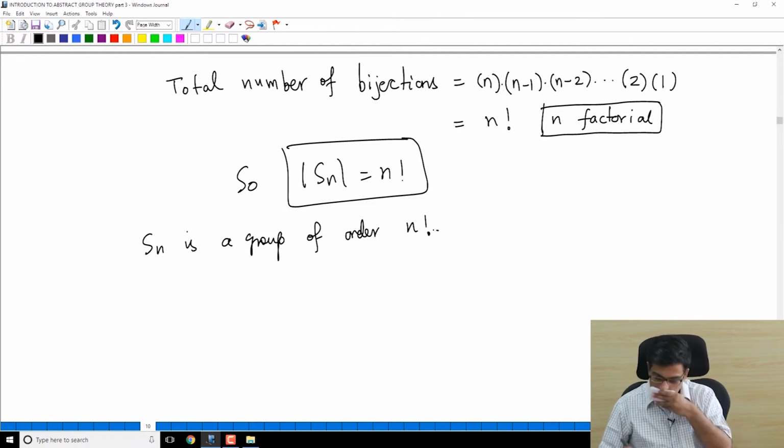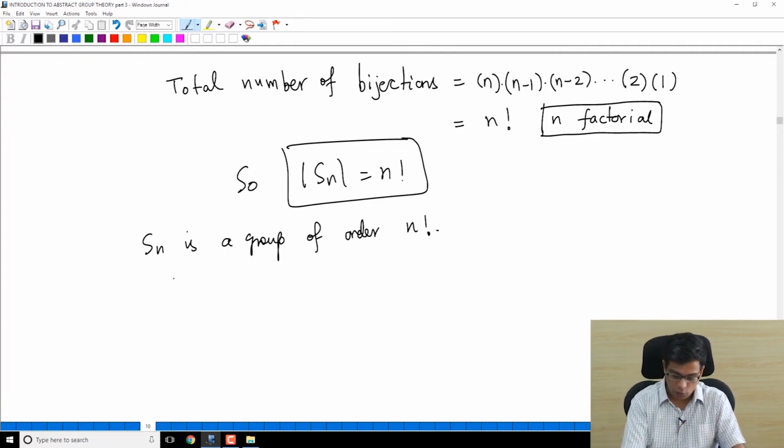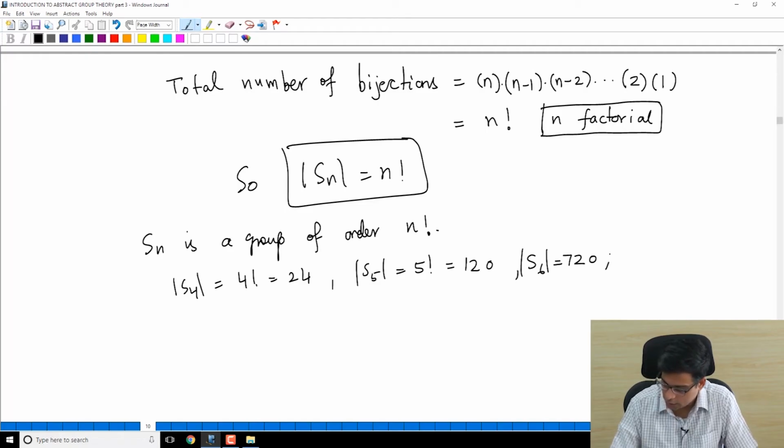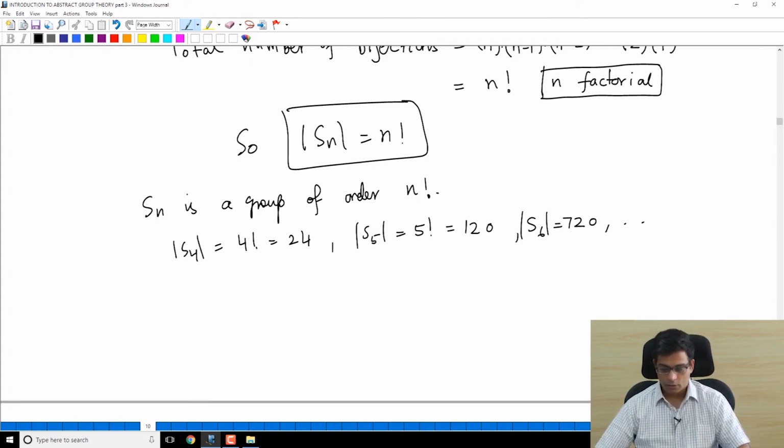And the size is increasing, right? It gets very big very fast. For example, S4 has order 24, S5 has order 120, S6 has order 720, and so on. These orders increase very fast because each time you are multiplying by n. So this is the size of the group.